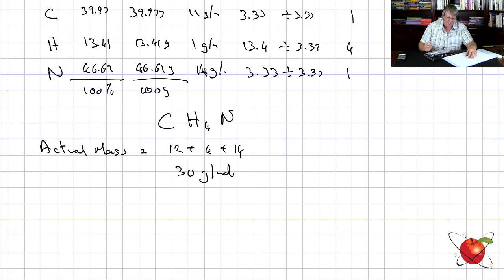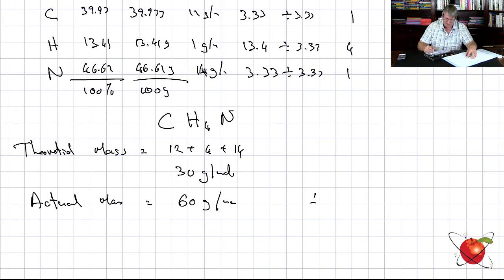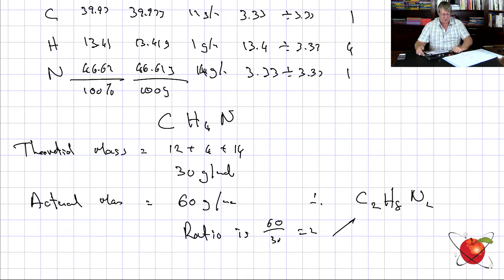Oops, sorry, that's the theoretical mass, my bad. The actual mass that they told us is going to be 60 grams per mole. Therefore, it's got to be C2H8N2. The ratio is 60 over 30, which is 2. So we multiply everything by 2. Quite straightforward, is it not?